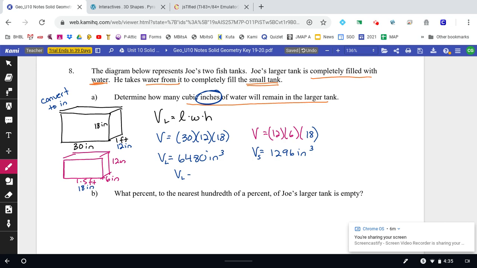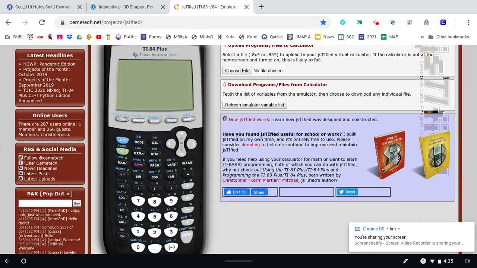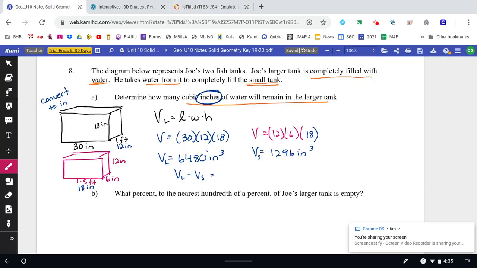So the volume of large minus the volume of small: 6,480 minus 1,296. I get 5,184 inches cubed, and that's left in the large tank.